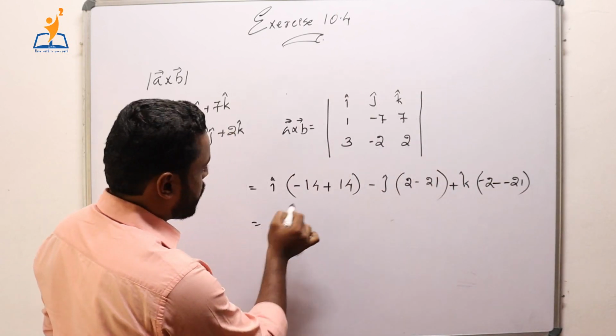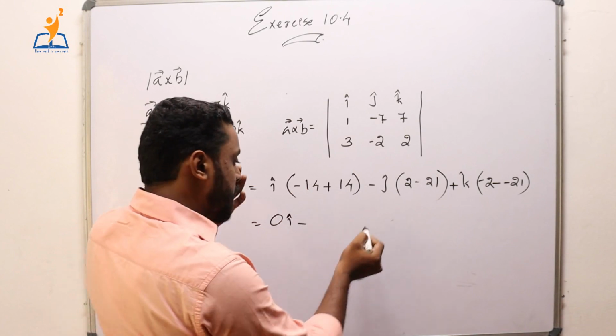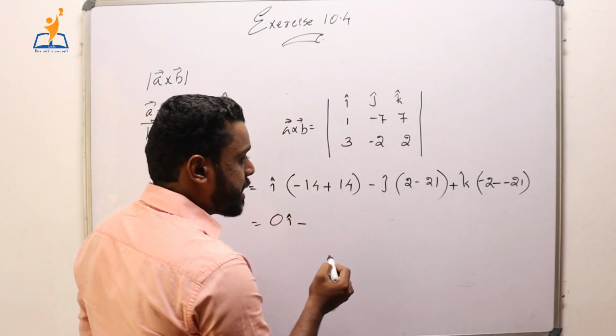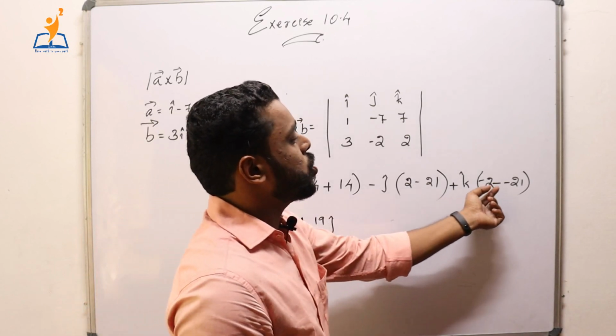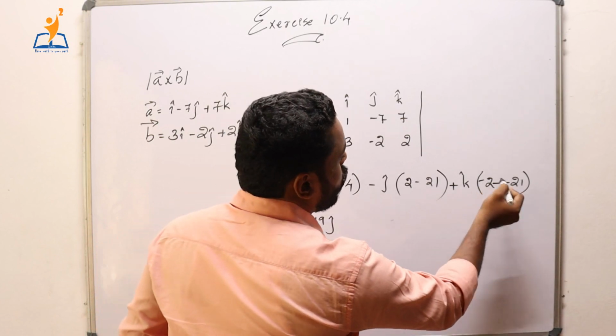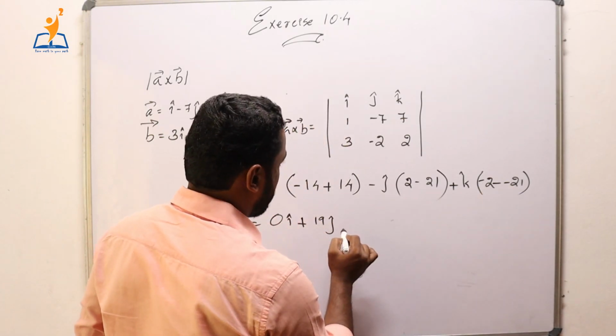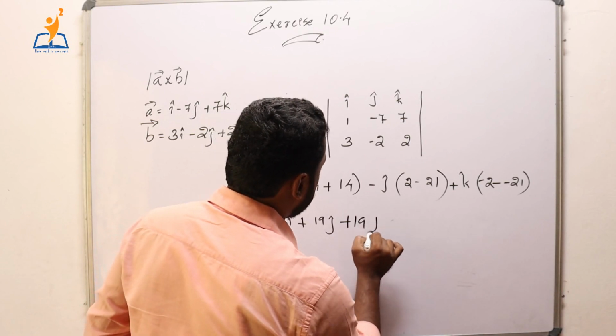So this will become 0. So 0 I cap, minus 2 minus 21 is minus 19, so plus 19 j cap. Now minus 2 plus 21 is again plus 19 k cap.